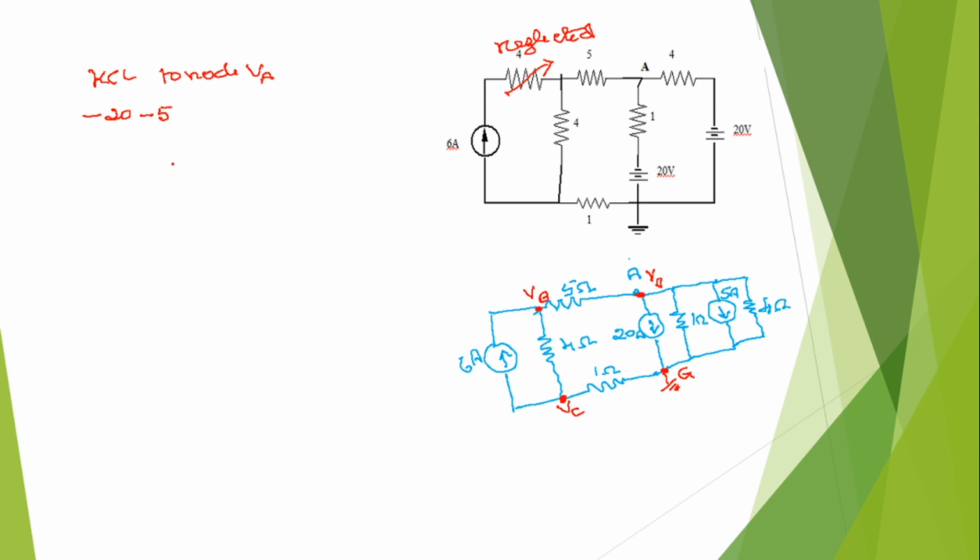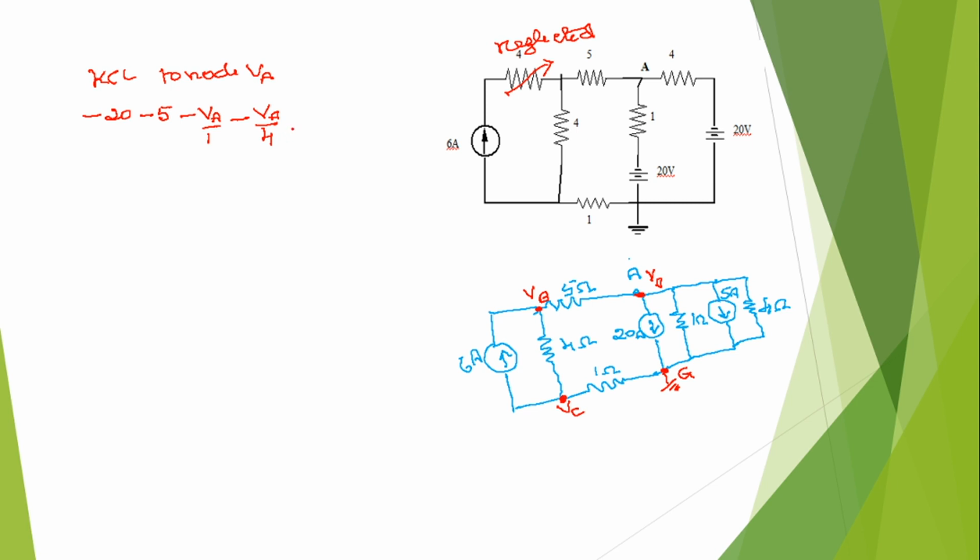So it is minus VA by 1. Why minus VA by 1? Because ground potential is 0. So VA by 1. What is the current through this 4 ohm? So it is VA minus 0 divided by 4. That is the outgoing from VA. So it is minus VA by 4.